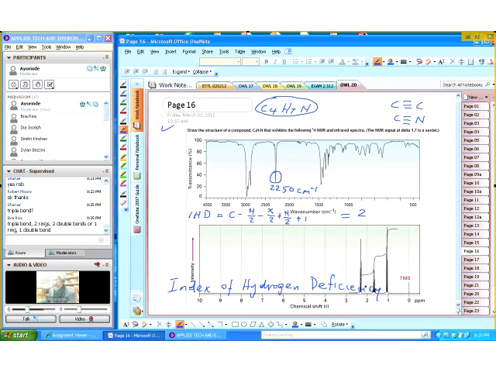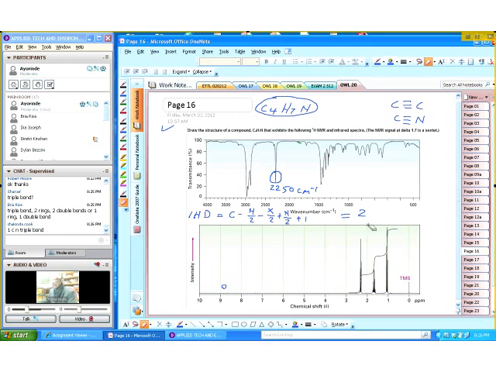Okay, 2 means you have a triple bond, 2 rings, 2 double bonds, or 1 ring and 1 double bond. Excellent. That is what that is telling you. In this case, they've also told us that we have a triple bond right here, which is either a nitrile or a carbon-carbon triple bond. So therefore, the rings are out. You don't need to worry about rings.